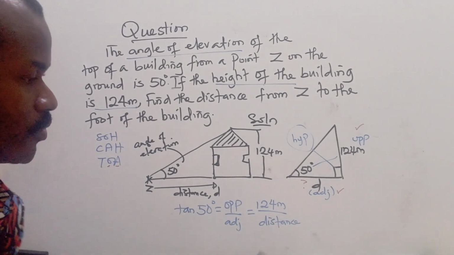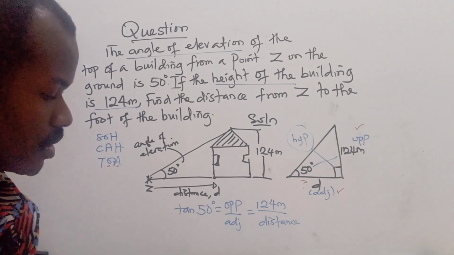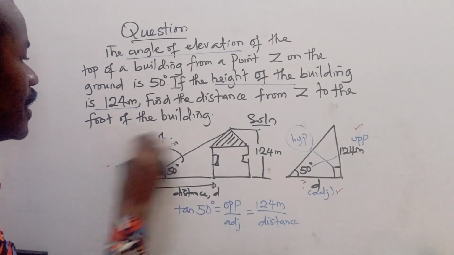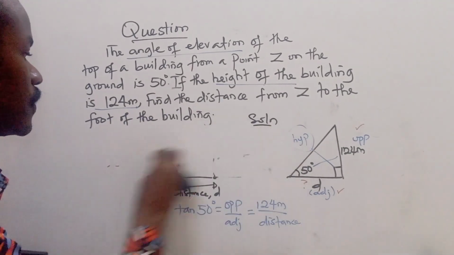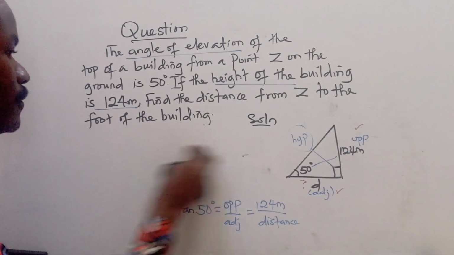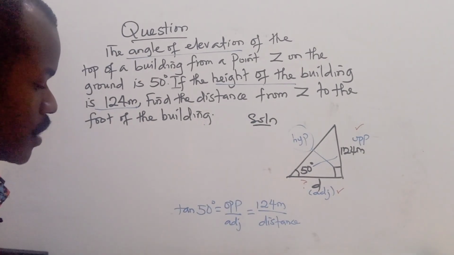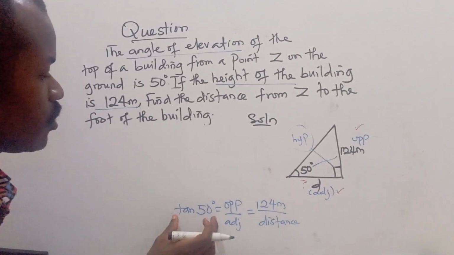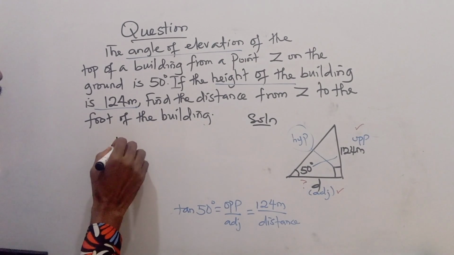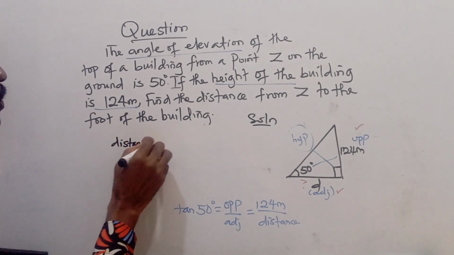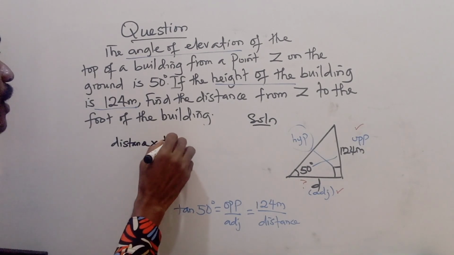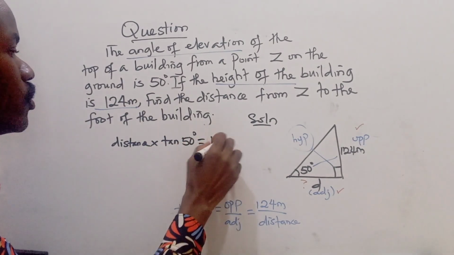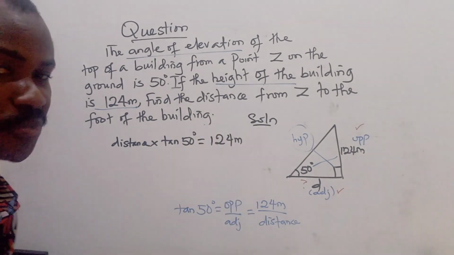So how do we solve for the distance? What we want to do is cross multiply. So I have distance times tan 50 degrees is equal to 124 meters.